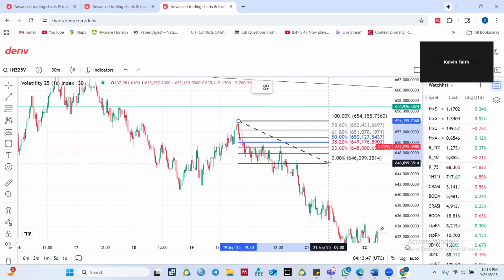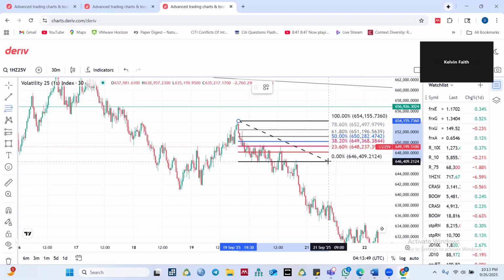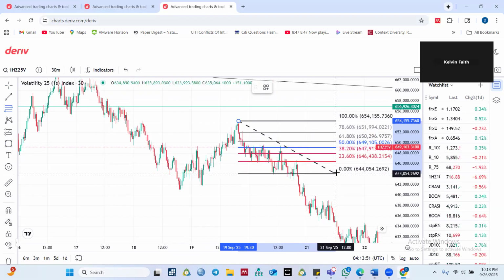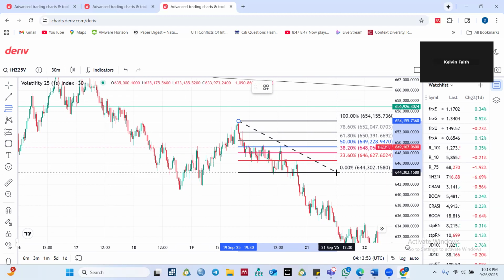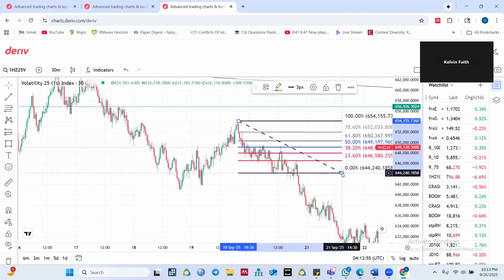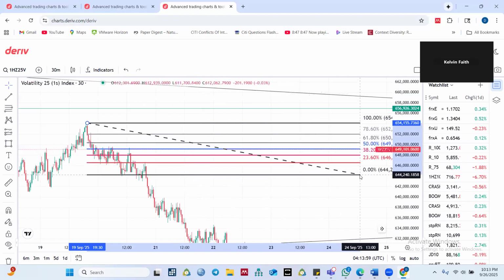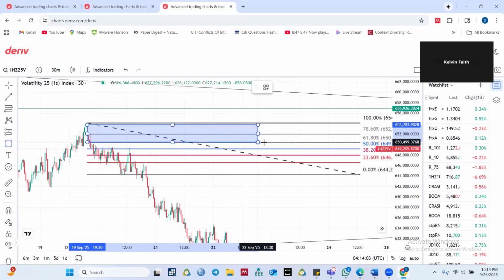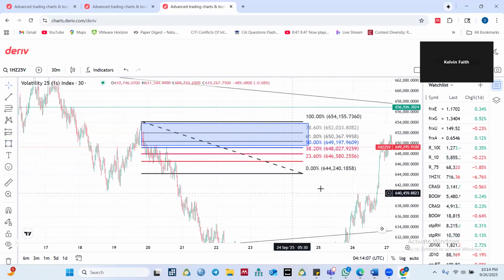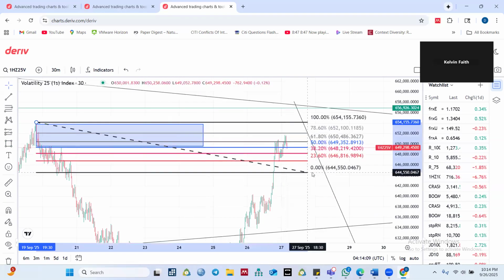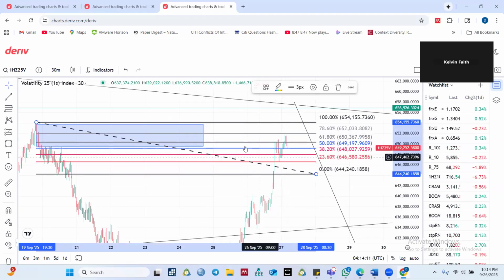So first we got this 38% pull up, and here we got another 38%. So even with this range here, if we want to measure this range, we expect price to come to a discount in this zone before we can get a good entry for a sell.